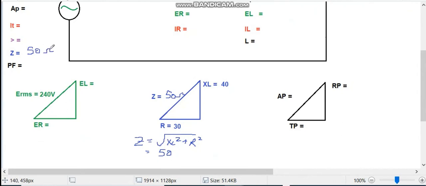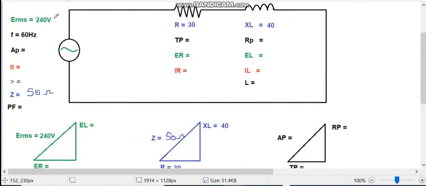ohms. And I'll scroll up here, we know we have a voltage of 240 volts. We know our impedance. So if we have our impedance, we can find our total value of current in the circuit.